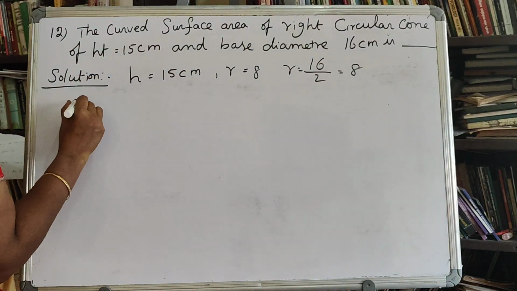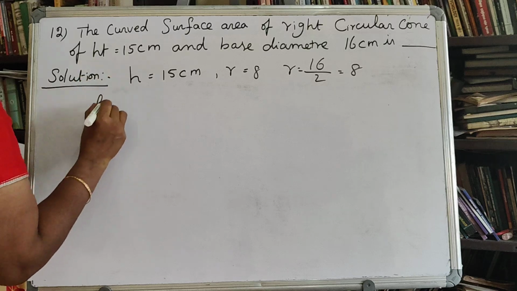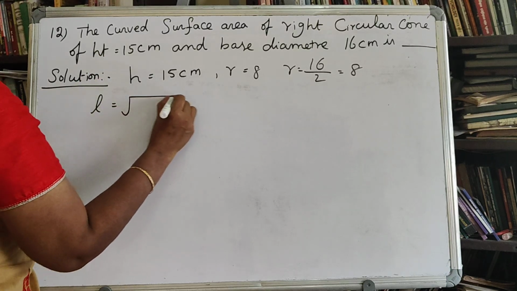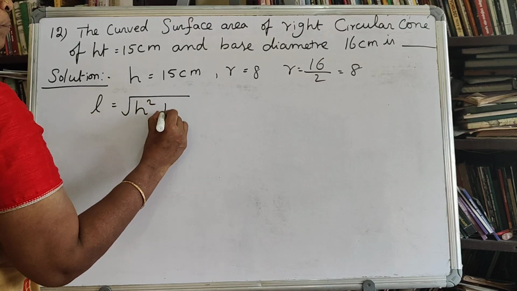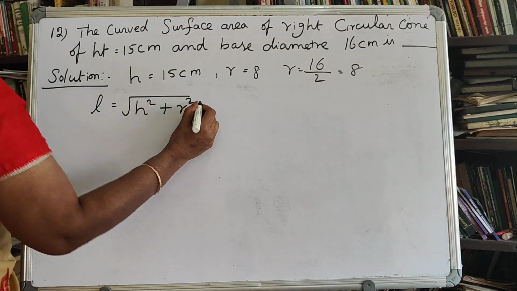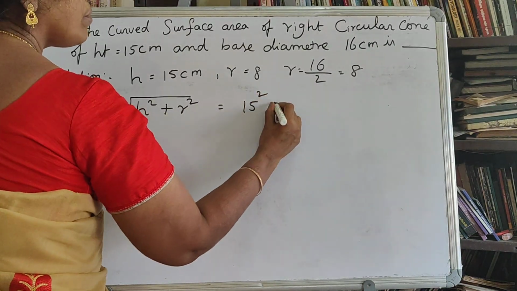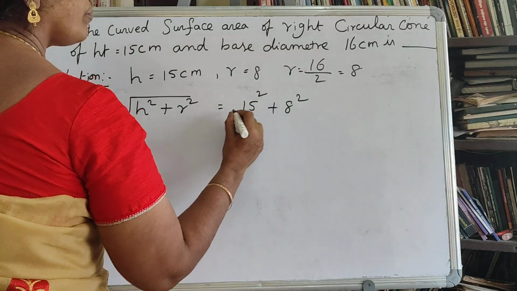Now L is, we find out L. So root of h square plus r square is 15 square plus 8 square.